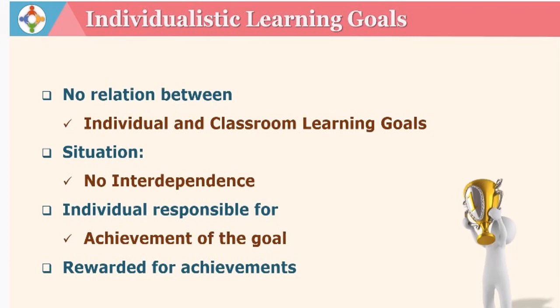The situations in traditional classrooms involve no interdependence. Individuals are responsible for achievement of their own goal. They are not concerned with the group goals or the classroom learning goals, and all the individuals are rewarded for their individual achievements. So this is the traditional kind of teaching which is going on mostly in our classes.